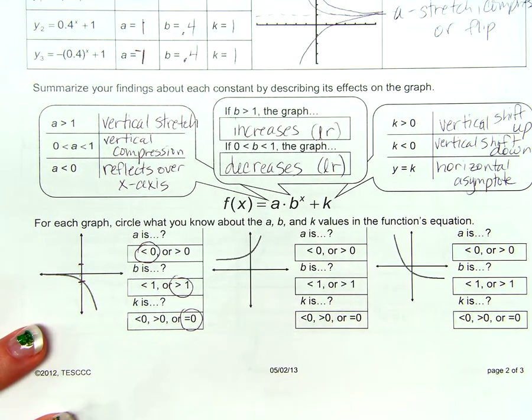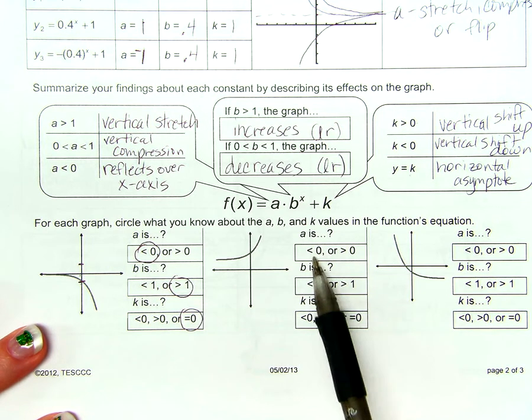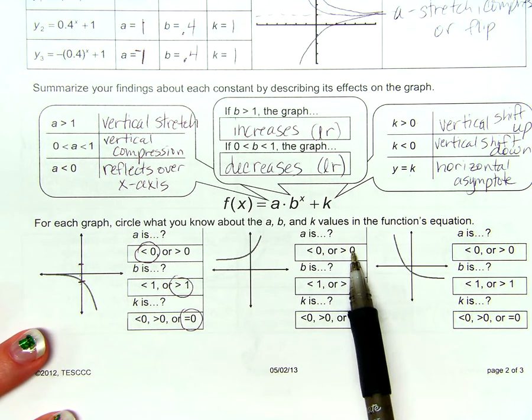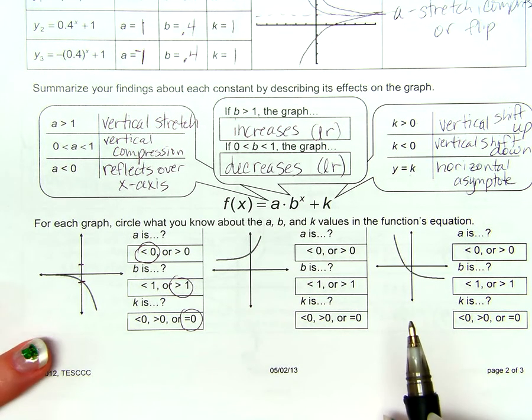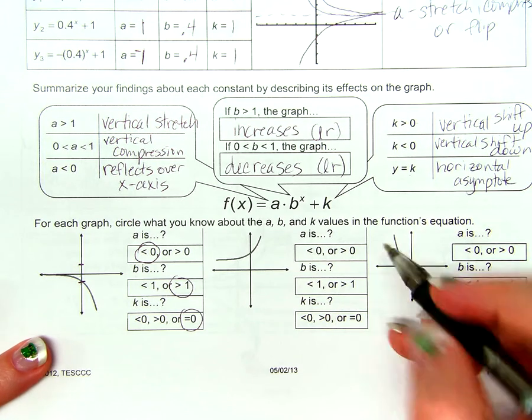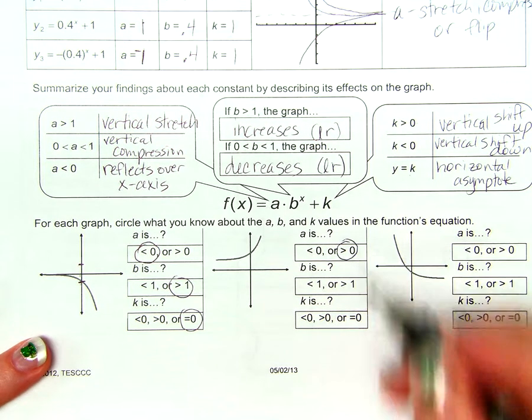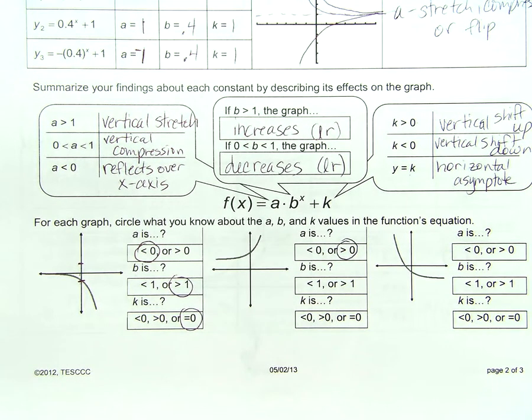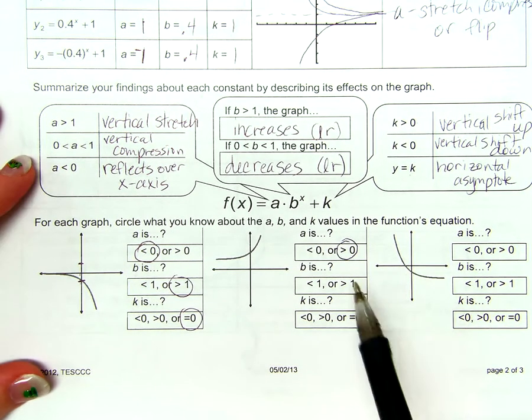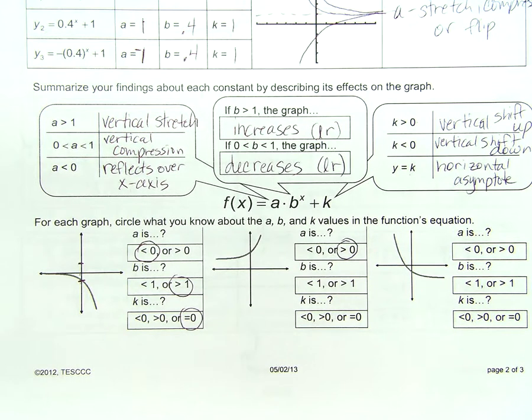So what about this one? Is A less than 0 or greater than 0? Peyton, why'd you say greater? Remember A, it is greater than 0 because it's not reflected. That's a good point.